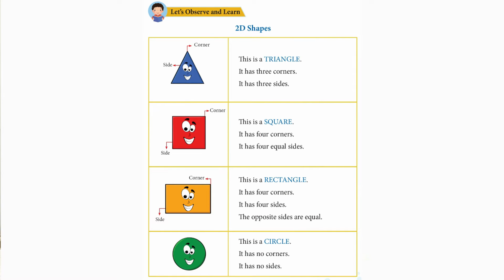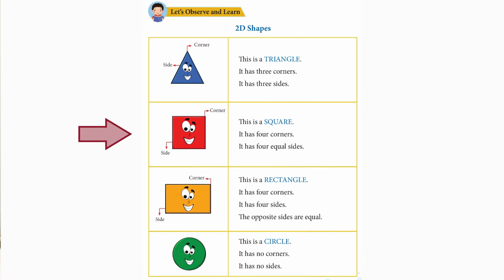Let's observe and learn. The first one is a triangle. Triangle, it has 3 corners and 3 sides. That is 1, 2 and 3. Now the next one, this is a square.